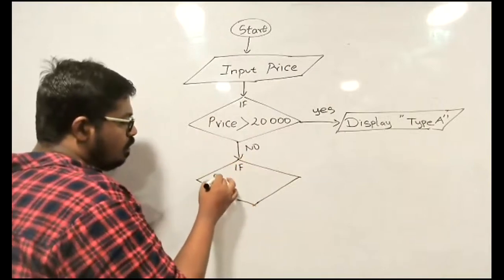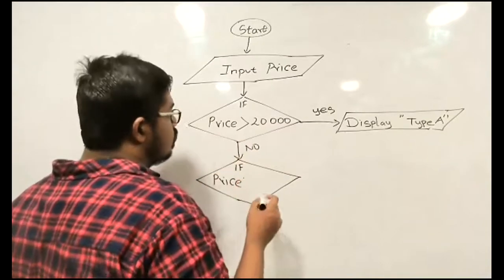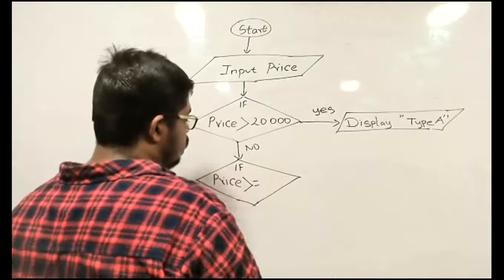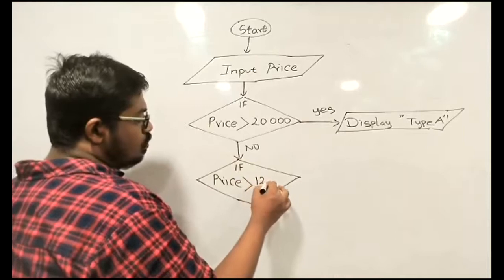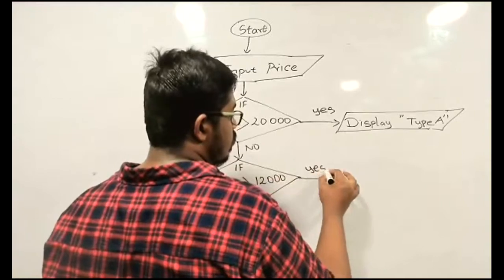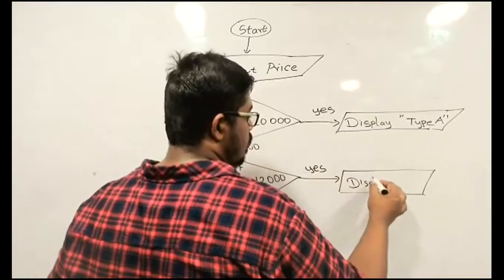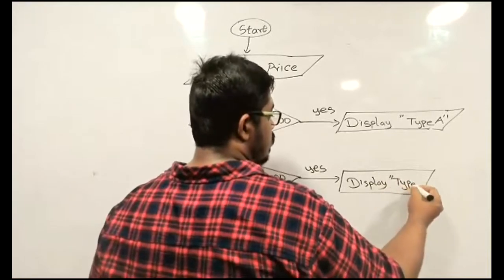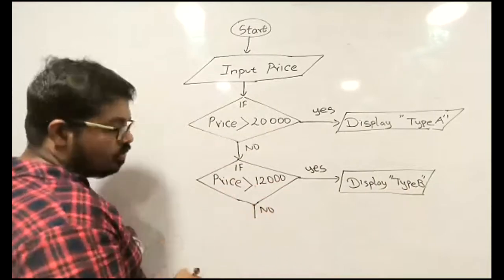If price greater than 12,000, display type B. No.